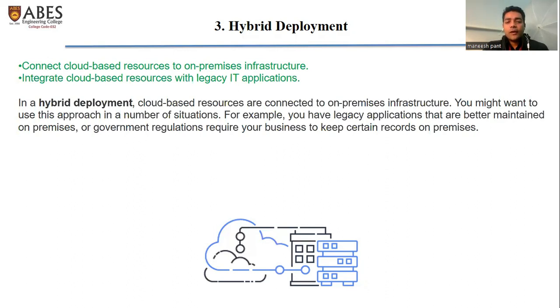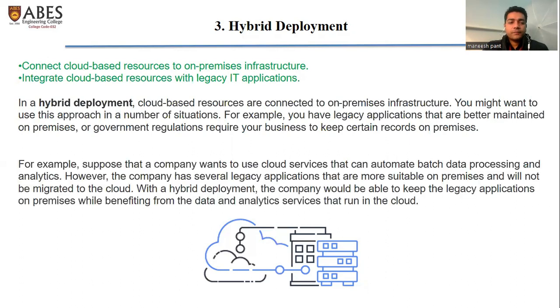For example, you have legacy applications that are better maintained on-premises, or government regulations require your business to keep certain records on premises. Okay, so some government regulations, for example, if you have some bank related information and bank related queries, the government wants you to keep them private and confidential. So for that part, you can use on premise things.